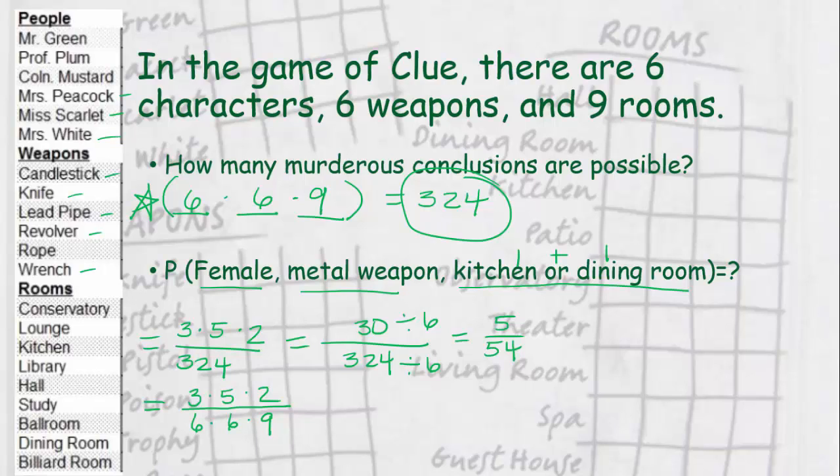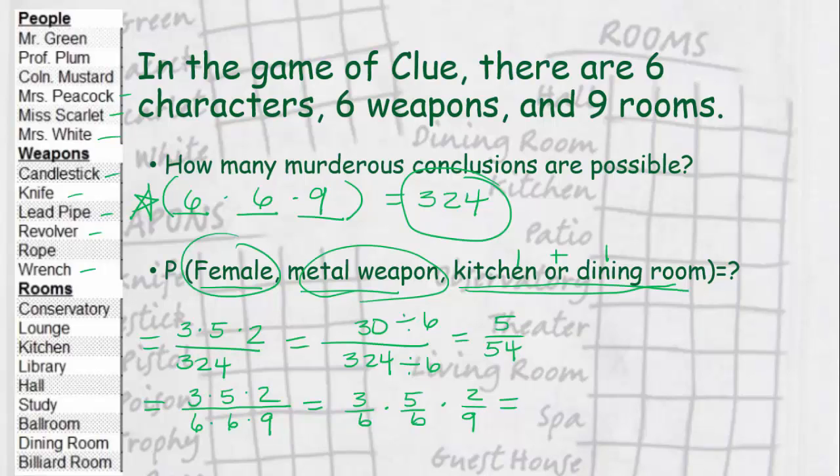And you could actually think of this as, for women, I have a 3 out of 6 chance, times metal weapons out of weapons is a 5 out of 6 chance, and kitchen or dining room is a 2 out of 9. And if you're multiplying all those things together, you can cross cancel all you want.